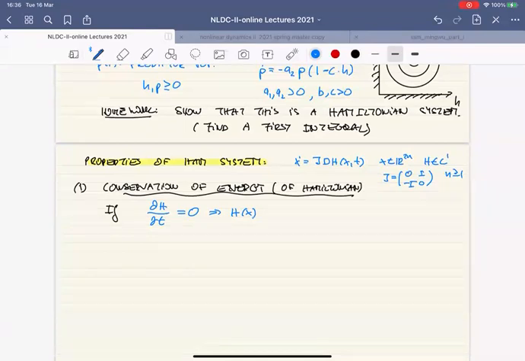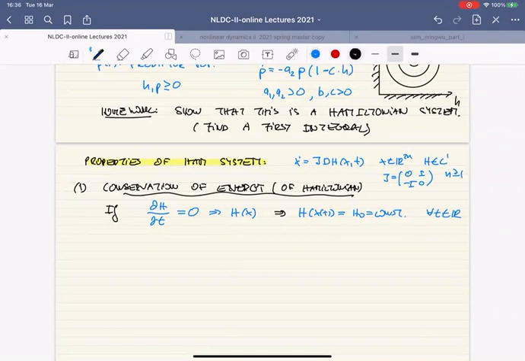Then the conclusion is that h is constant along all trajectories. So it's a first integral. So this is for all t. It's preserved for all times.